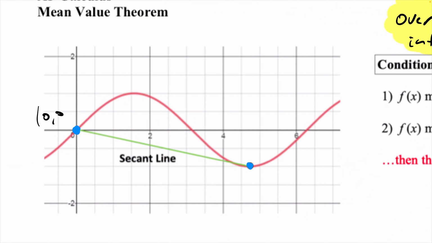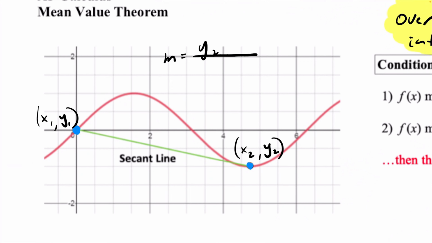So for the formula, let me not use regular points. Let me use x1, y1, and then this is x2, y2. The rise refers to the y's, because that's the y-axis.